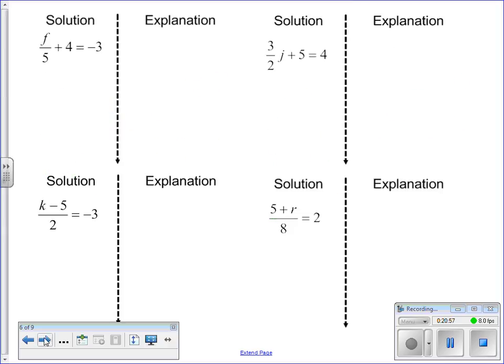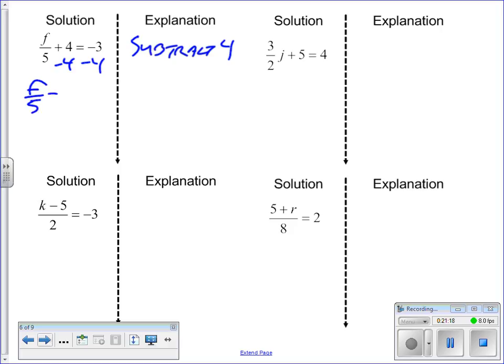Okay, we're still going to be doing some of these together. These are still examples we're doing together. My first step on the next one: subtract 4. It's like the third time today. So I subtract 4 from both sides.